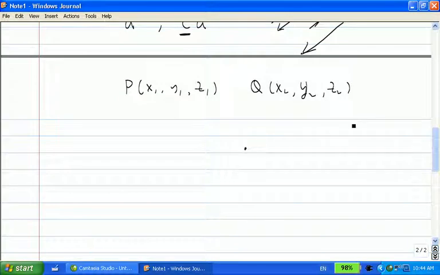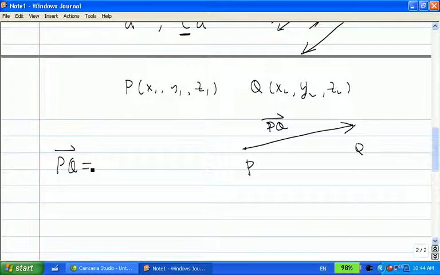I have two points, P and Q. This arrow is important. We denote this vector as PQ, from point P to point Q. This vector can be found by using the endpoint coordinates, subtracting the starting point coordinates.